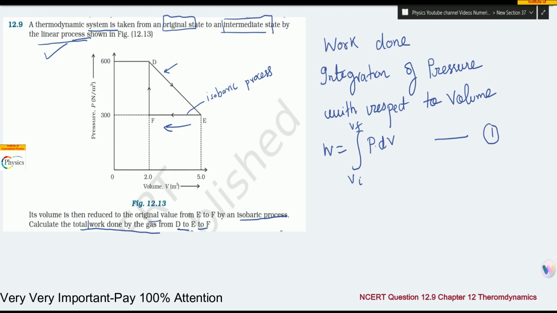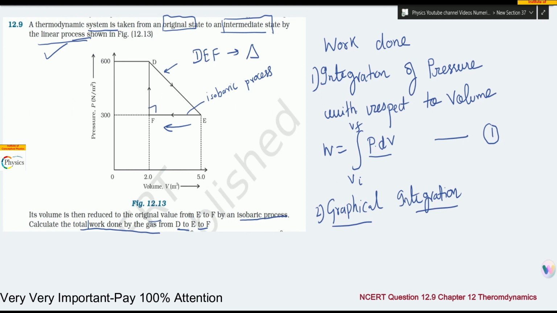The second method is called graphical integration. Graphical integration means finding the area under the curve, or doing a definite integration with the help of a graph. In our example, you can see DEF is a right angle triangle.